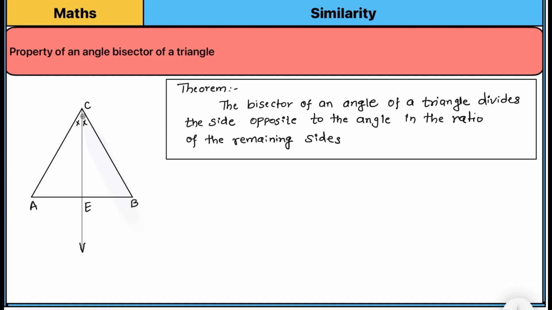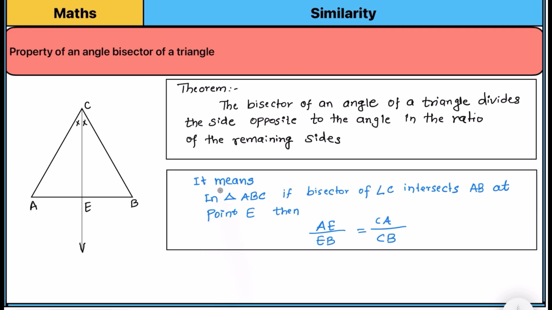Now, opposite to the angle. Here, the angle C is bisected. So, the opposite side of angle C is side AB. So, it divides this side opposite to the angle in the ratio of remaining sides. What are the remaining sides of this triangle? Side AC and side CB.